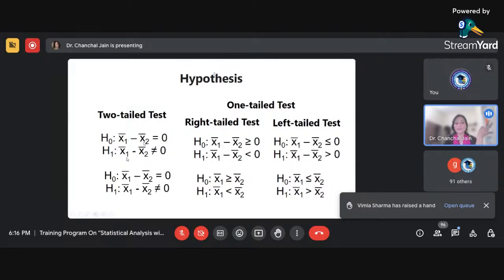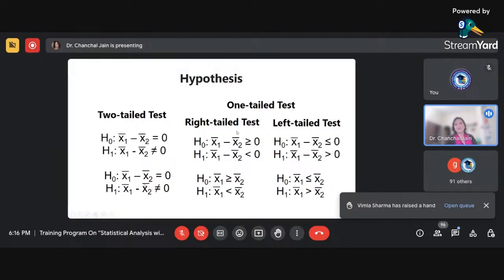Alternatively, we are saying that there is a difference which is not equal to 0. Or you can write this, I think I have written this wrongly here. You can write this as x1 bar is equal to x2 bar. In a hurry, I need to make the changes. It should be x1 bar is equal to x2 bar. Similarly, x1 bar is not equal to x2 bar. So this is a case of a two-tailed test.